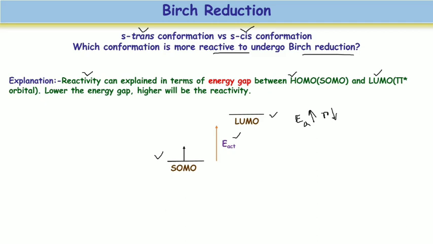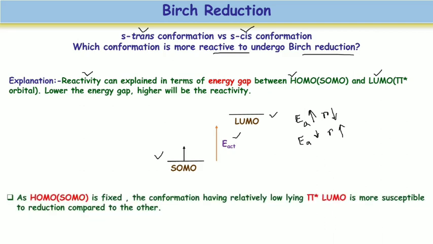And if activation energy is lower, then the rate will be faster, right? Now, as the HOMO is fixed for the metal, the conformation having a relatively low lying LUMO is more susceptible to reduction compared to the other, right?